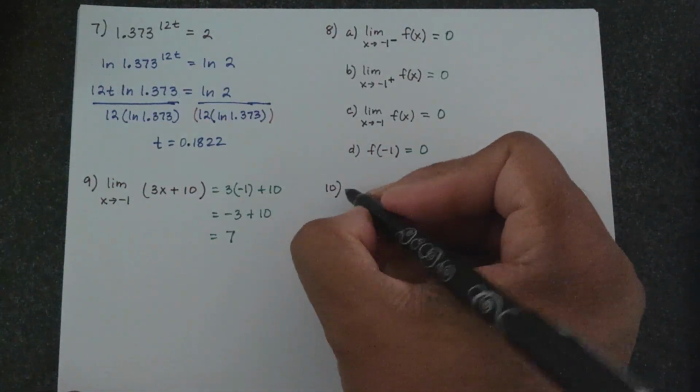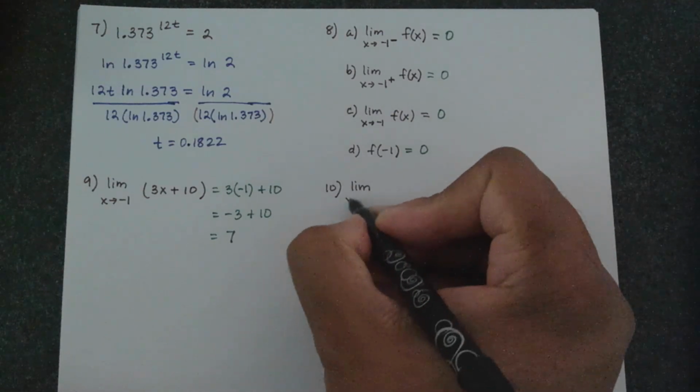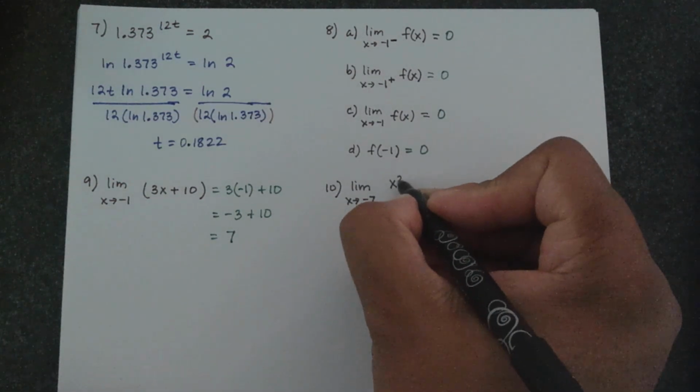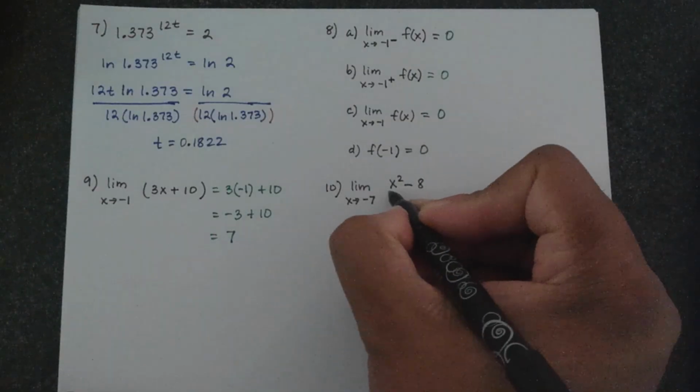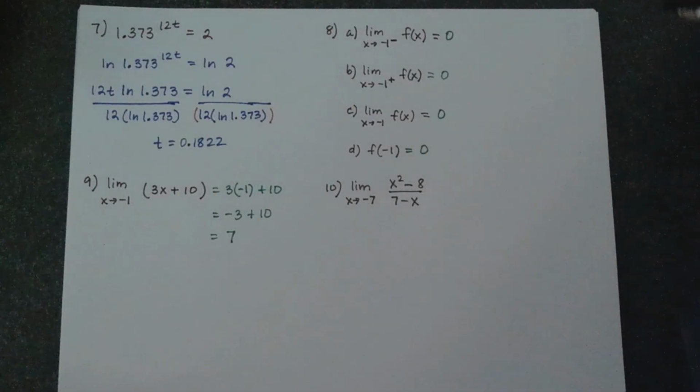All right, number 10 is the limit as x approaches -7 of x squared minus 8, all divided by 7 minus x.